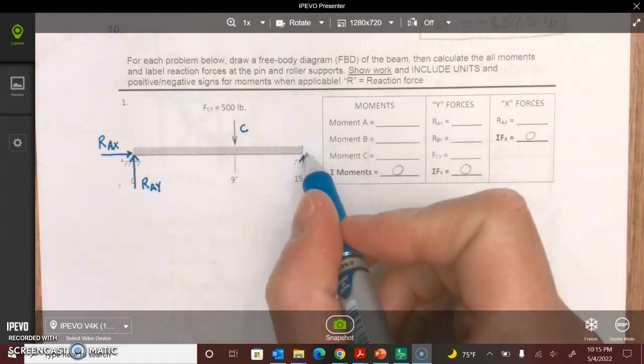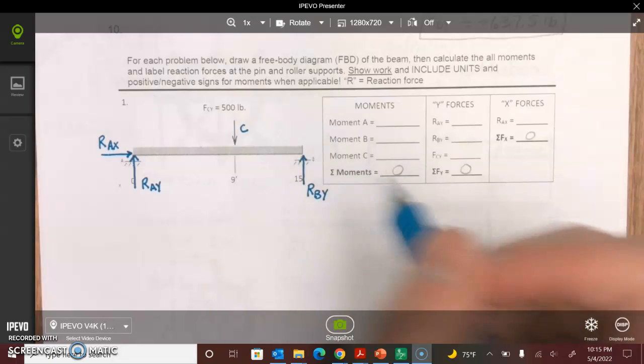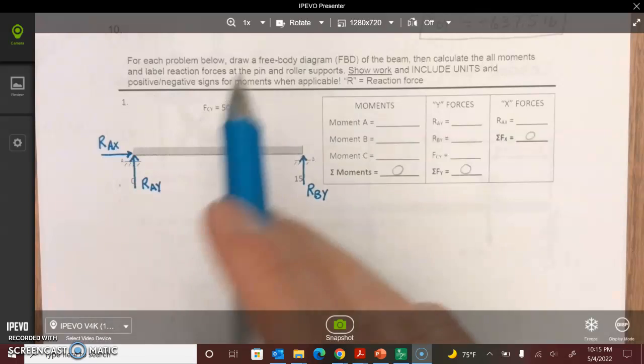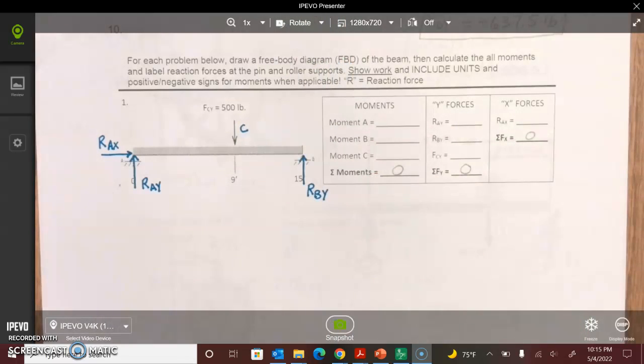A roller will not have a force pointing inwards. So if you see a little circle or a roller, like the little wheel-looking thing on the bottom in the problem above, those only have one reaction force going up. Okay, so we've got that all set up so far.